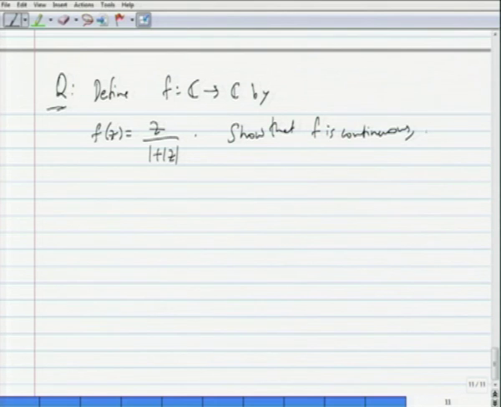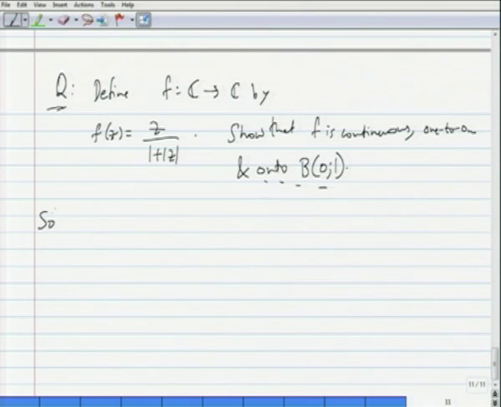Then show that f is 1 to 1 and onto B(0,1). So, recall this is a ball of radius 1 centered at 0, the open ball. Show that it is onto B(0,1).